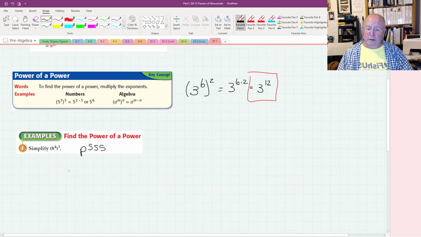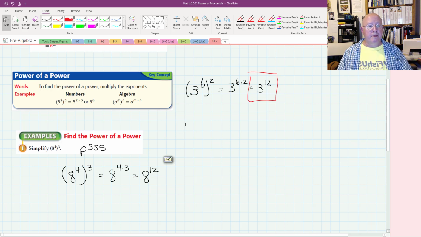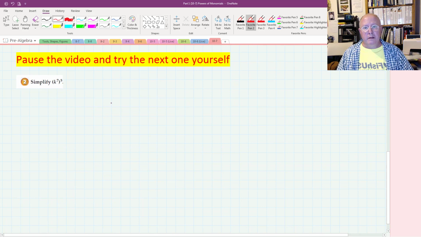Well, this really isn't that hard. 8 to the 4th raised to the 3rd power is 8 to the 4 times 3, or 8 to the 12th. Not difficult. The next one, pause the video, try it for yourself.